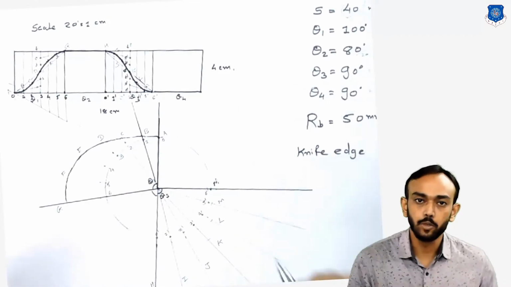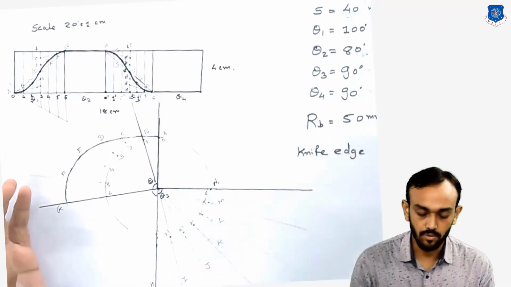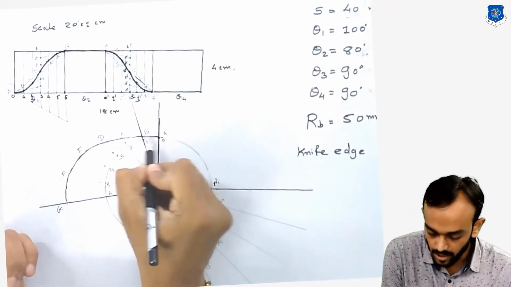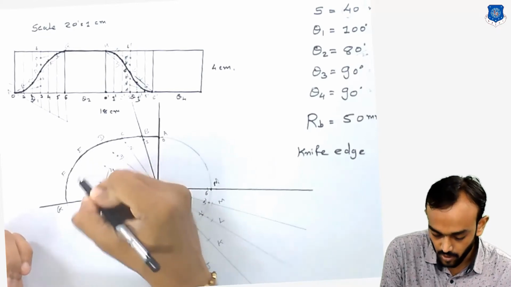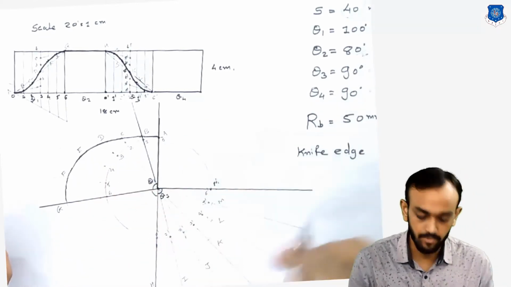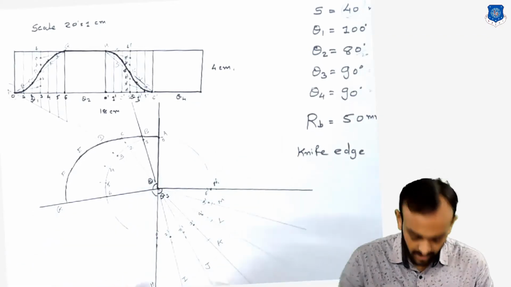You don't need to make this type of darker curve, but I am drawing it so you can see clearly on video. And the same will be for the return here.